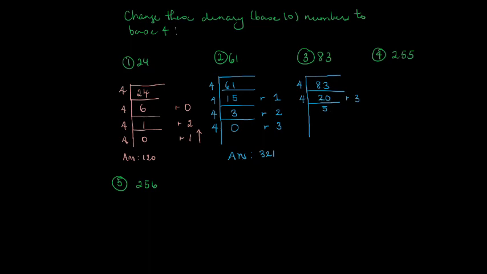It goes in 5 times with a remainder of 0, because 4 times 5 is 20. Can 4 go into 5? Yes, once with a remainder of 1. Can 4 go into 1? No. 0 times with a remainder of 1. So the answer for this would be 1103.